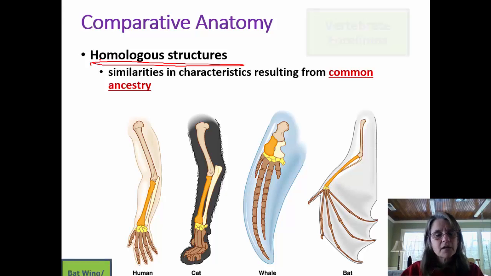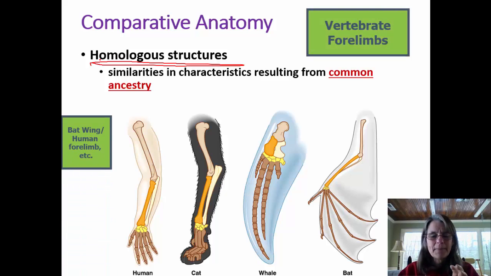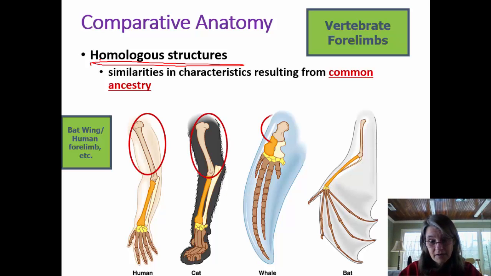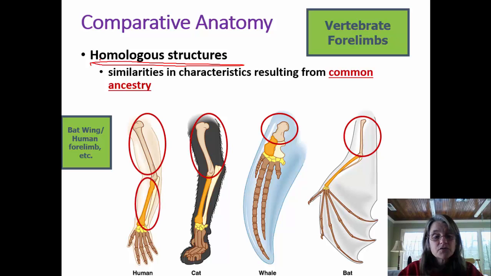Okay, so let's look. From a bat wing to a human forelimb, all these mammalian vertebrate forelimbs, we see the very same bones in each one. All right, the humerus being highlighted here, here, and here. The paired bones, radius and ulna, are all present in all of these animals.